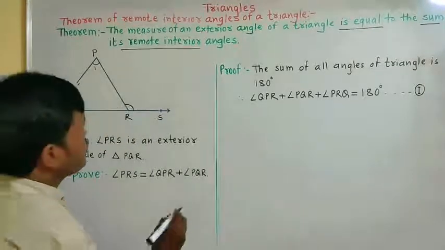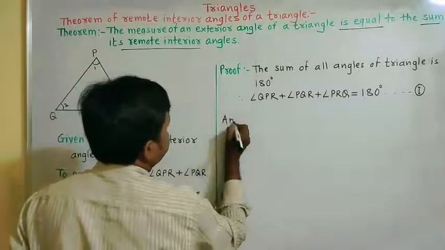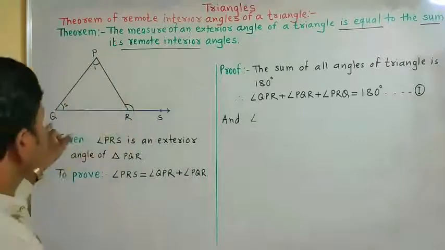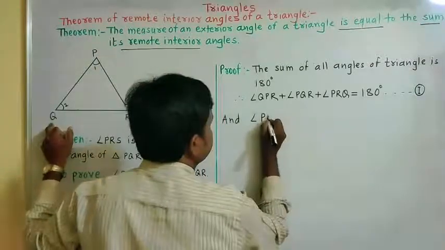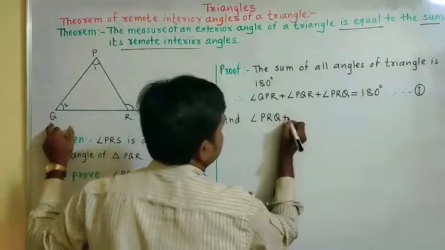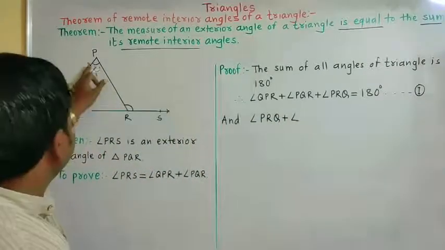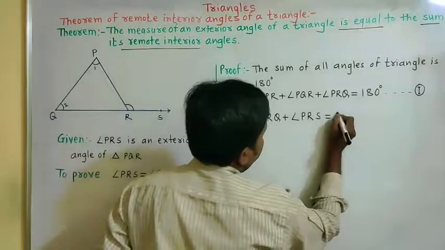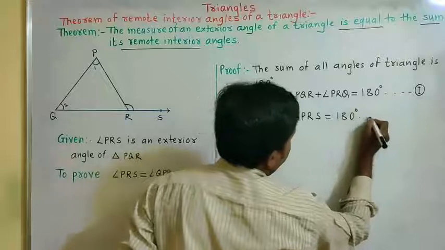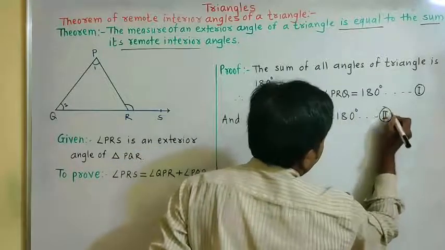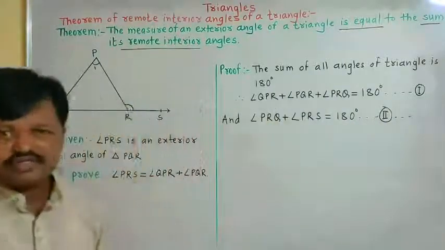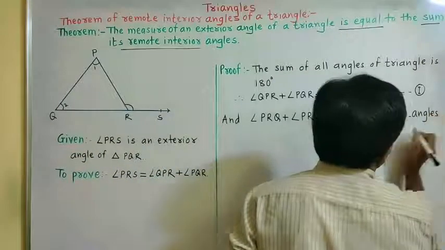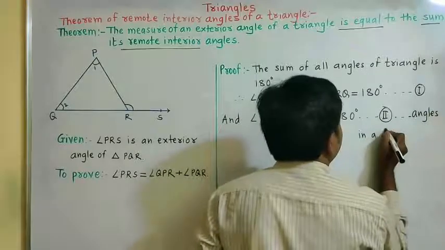So angle PRQ plus angle PRS is equal to 180 degrees. This is the second statement. You write the reason for this. What is the reason? Angles in a linear pair.